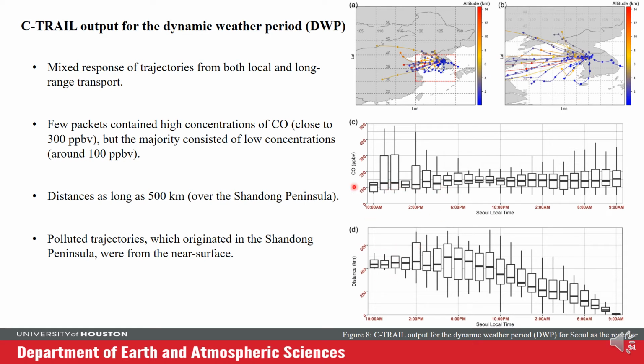And the distance was as long as 500 kilometers, so over Shandong Peninsula. And the result from this figure shows that the polluted trajectory, which originated in Shandong Peninsula, was from near surface.